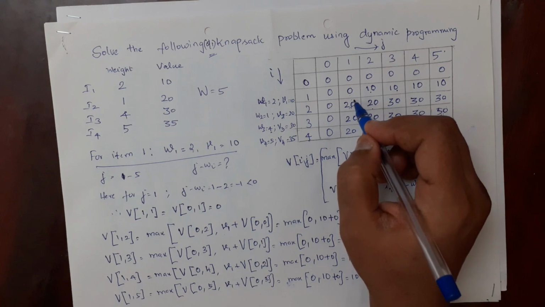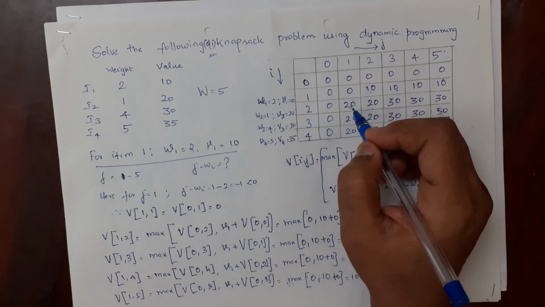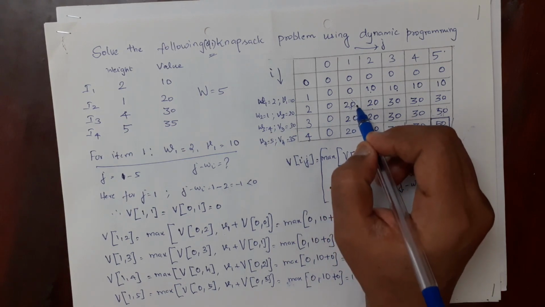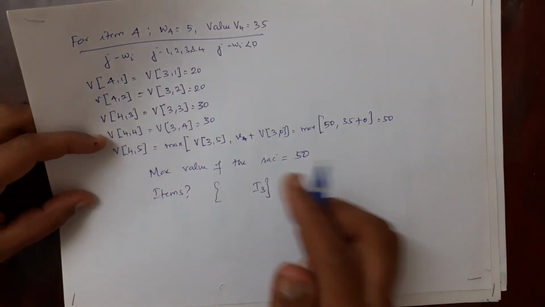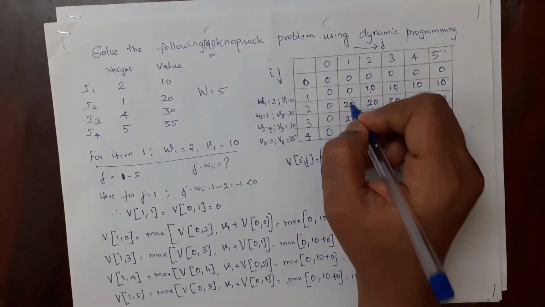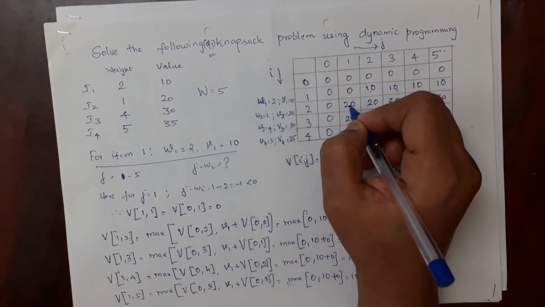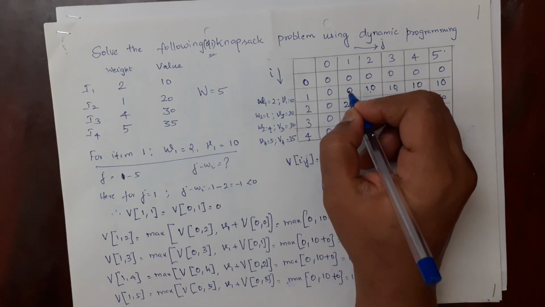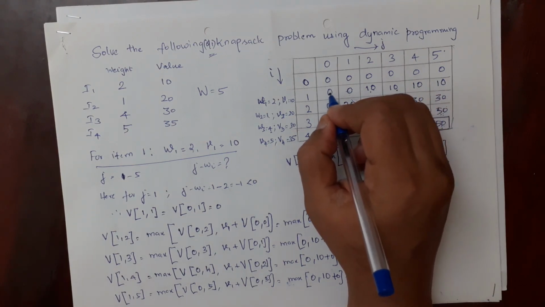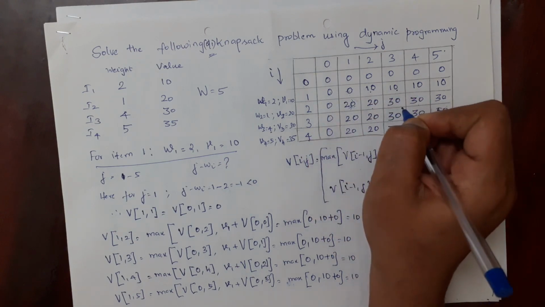So I have to include this 20 into my sack, that is, I have to include the second item into my sack. So the next item to be included is I2. Here I2 has a weight of 1. Next you go to the previous row, minus 1 column, it is 0. That means you have included all the items into the sack.